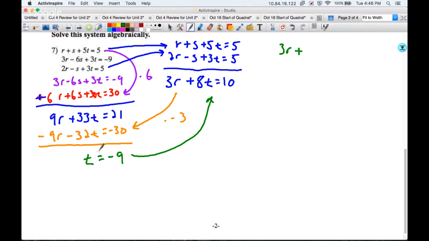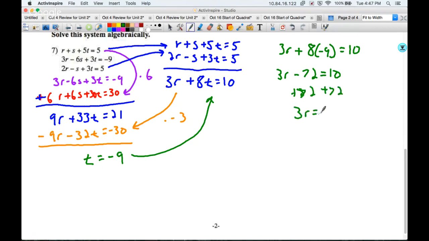Let's see, by negative 3, okay. 3r plus 8 times negative 9 is 10. 3r minus 72 equals 10. Plus 72, plus 72. 3r equals 82. That's not divisible by 3.